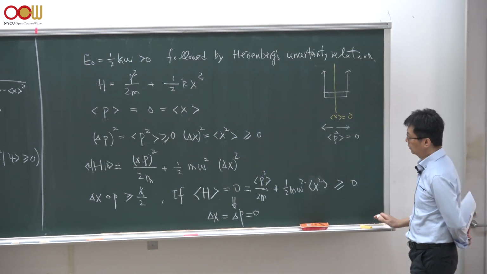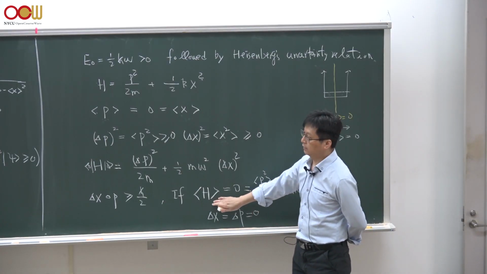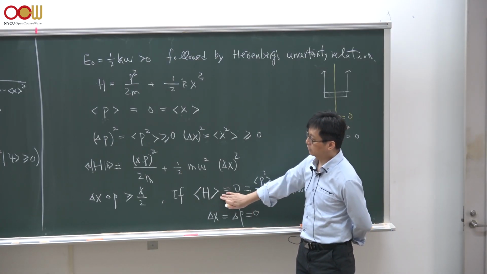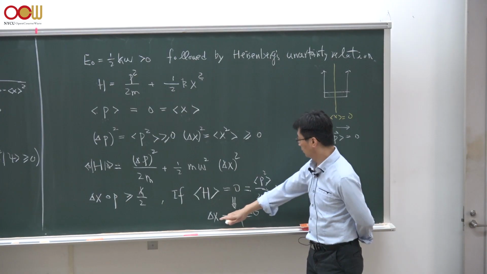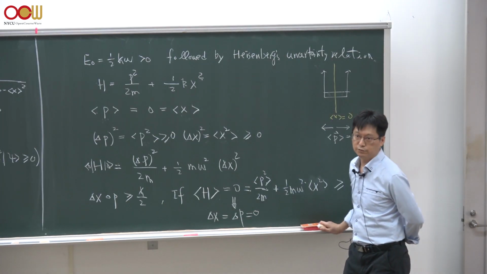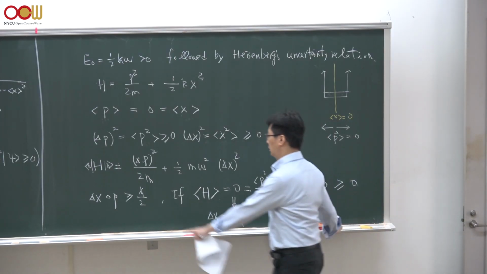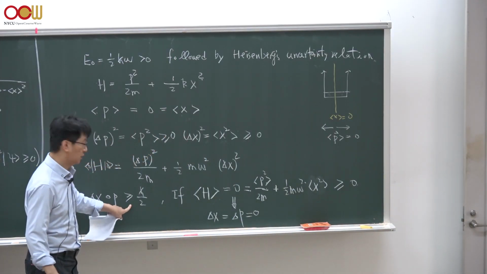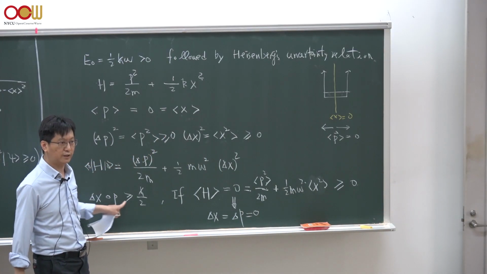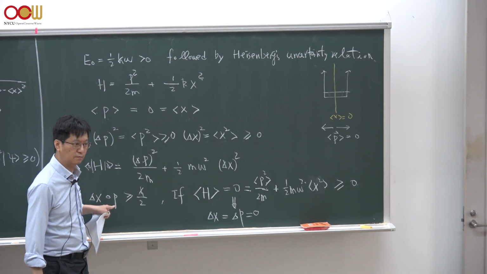And this is a consequence: suppose we find the 0 point energy is 0, then both delta x and delta p should vanish. But this cannot be, because delta x times delta p must be a positive value. So they cannot both be 0.